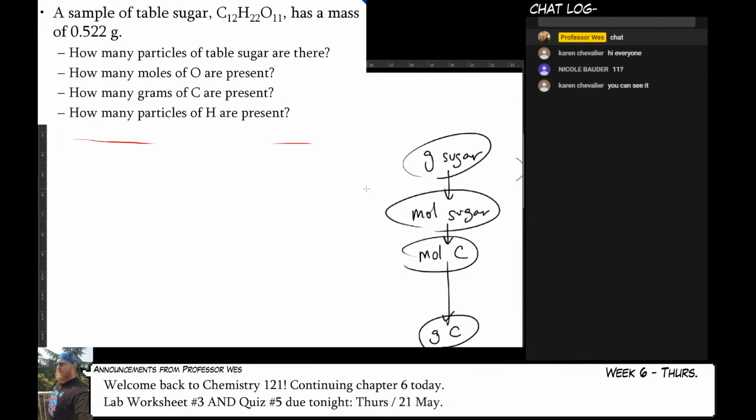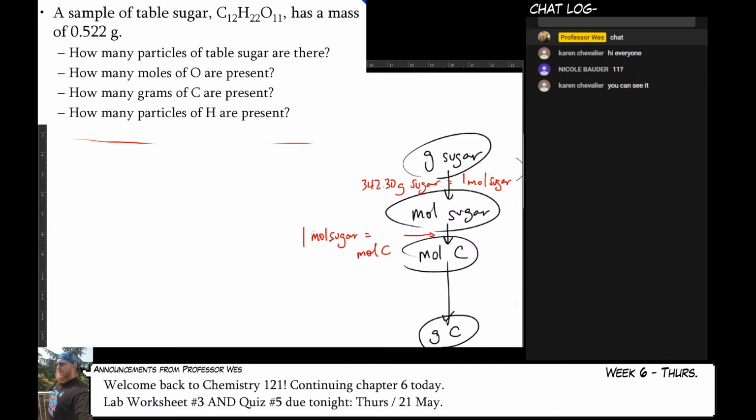I'm going to squeeze them in red here. This is still the same as before. For this relationship right here, in 1 mole of sugar, there should be how many moles of carbon?